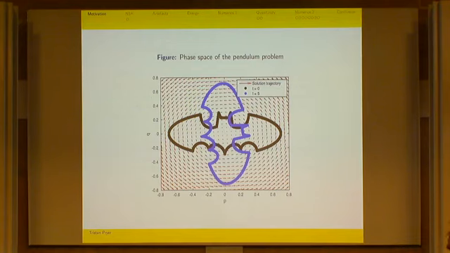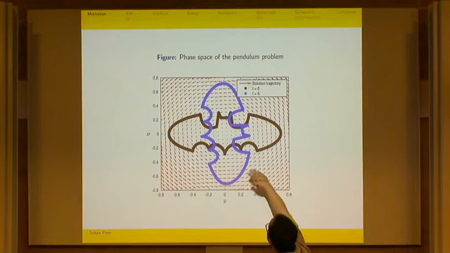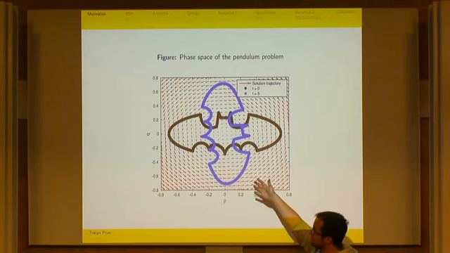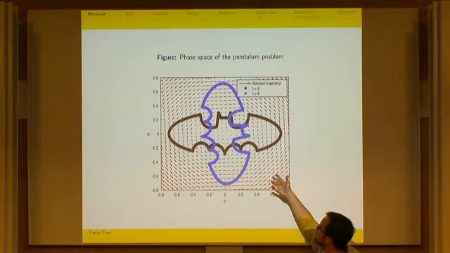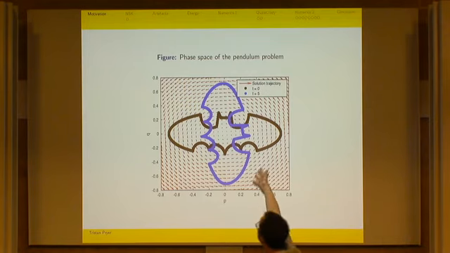What do I mean? If you draw phase space, this is the phase portrait of the pendulum problem, and what I've done, or rather the student did, is superimpose a load of initial conditions in black, the Batman symbol, and run it for a certain amount of time to see what happened under the flow of the solution.